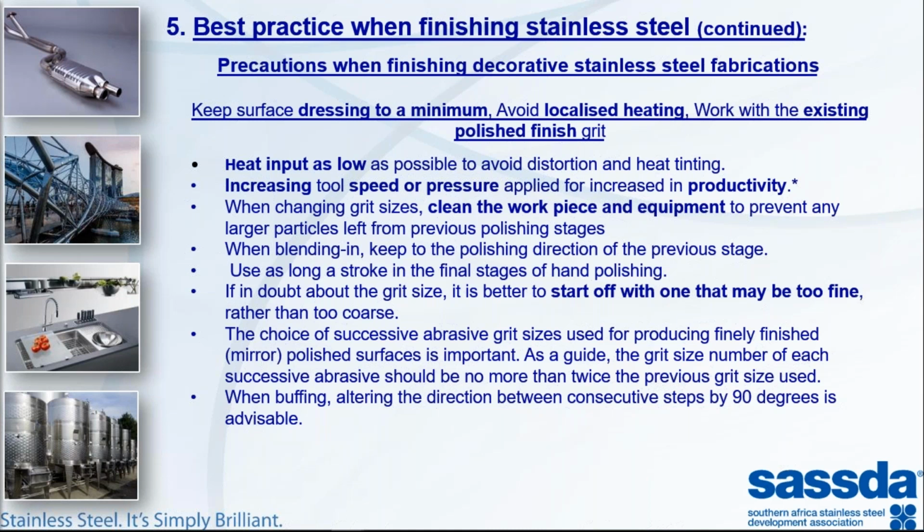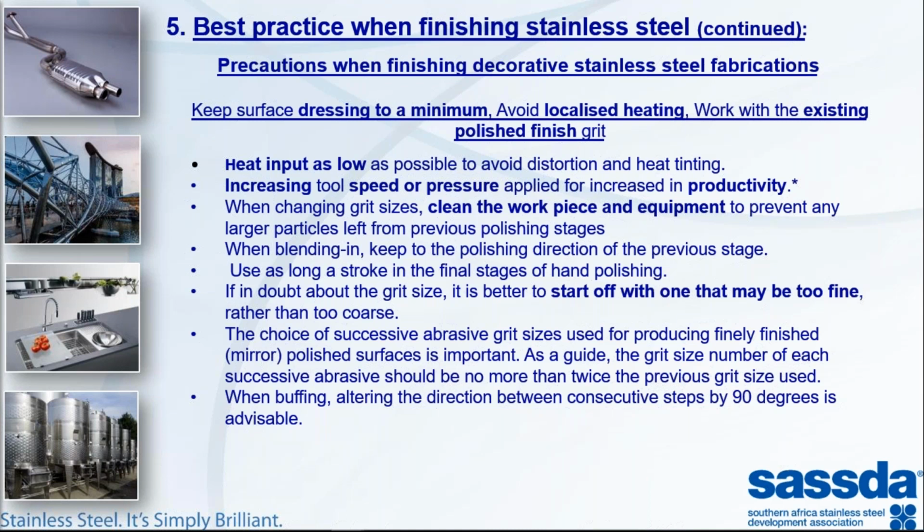Avoid localized heating. Work with the existing grid and direction that's on your material as you buy it. So keep your heat input as low as possible, not only in your welding process, but also in your finishing process. Once again, a function of speed and pressure.